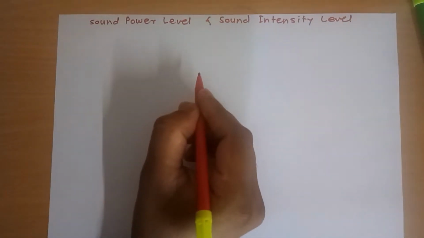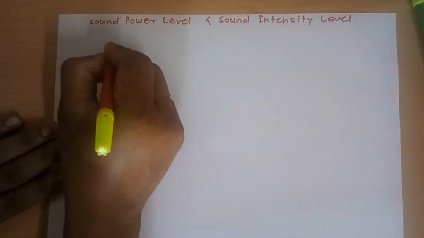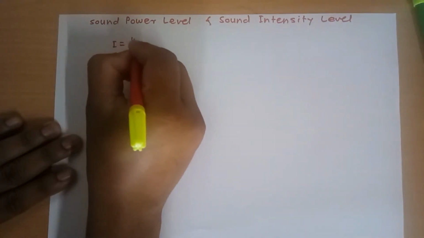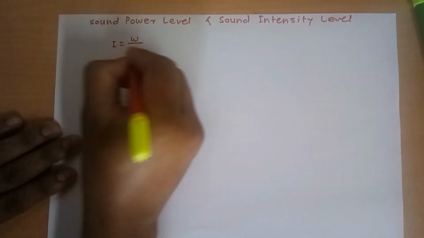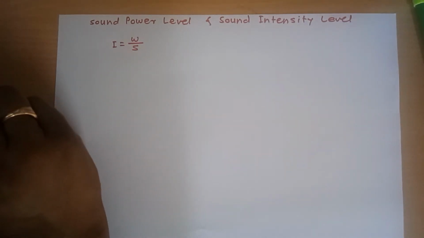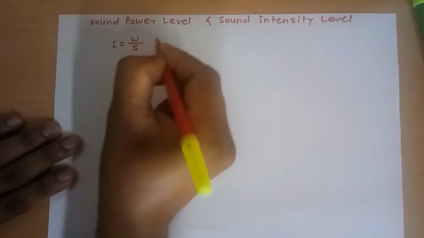We know the sound intensity can be calculated by the ratio of sound power to area. A sound source emits sound in all directions, which gives us a spherical wave.